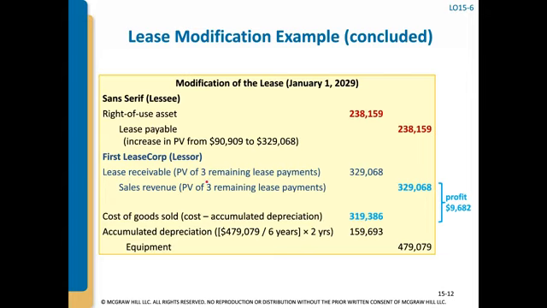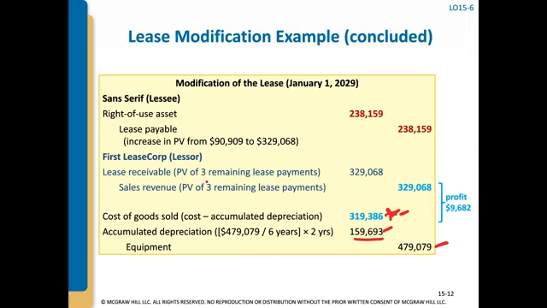We're going to credit the cost of the equipment for $479,000. We're going to debit the cumulative depreciation we calculated for $159,693. And we're going to debit the cost of goods sold for that difference. So basically, we're going to debit the cost of goods sold for the carrying value of that asset.